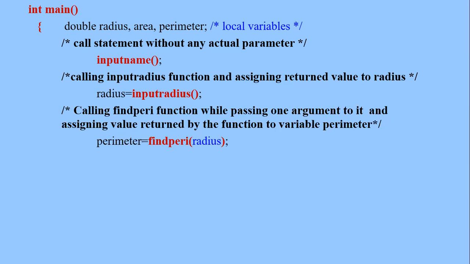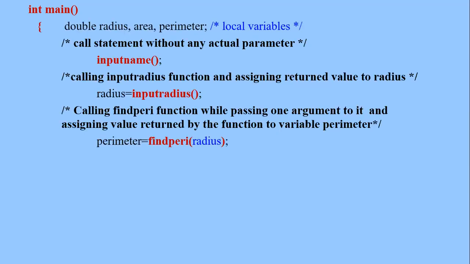The overall result that the function generates will be assigned to the memory location called perimeter, which has been declared as type double. So we expect that find Perry will return data of type double, so that the value will be able to fit in the memory location declared here called perimeter.